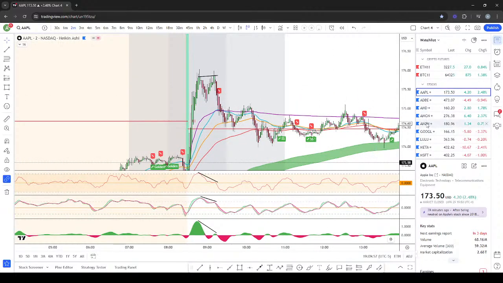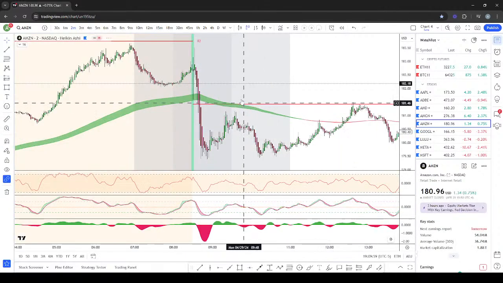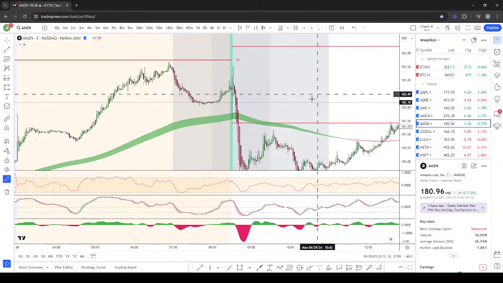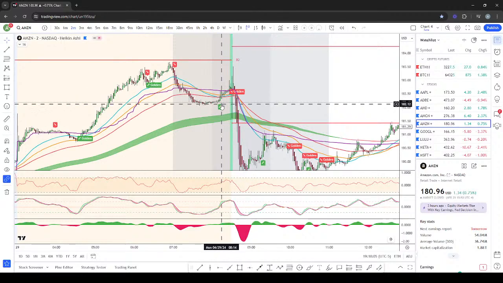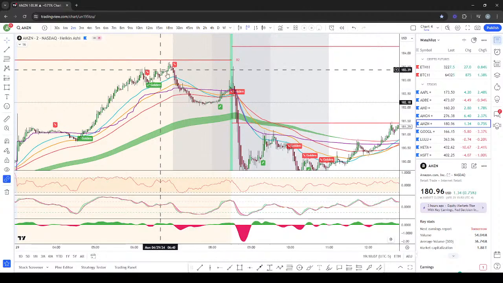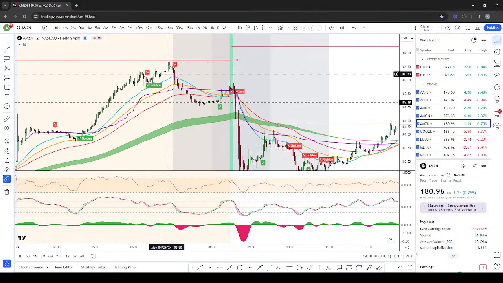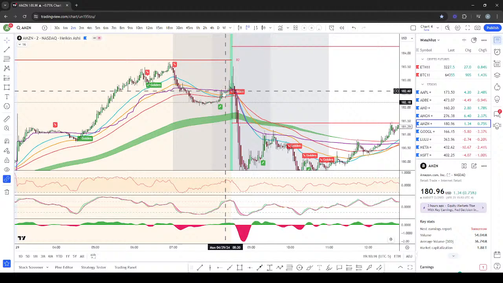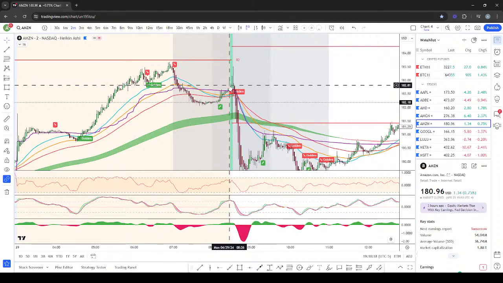Let's check some of the popular ones here. Let's see what Amazon was doing. On Amazon, pre-market, you can see price went up high, almost reaching yesterday's resistance zone, came right down, and the morning bell came through.